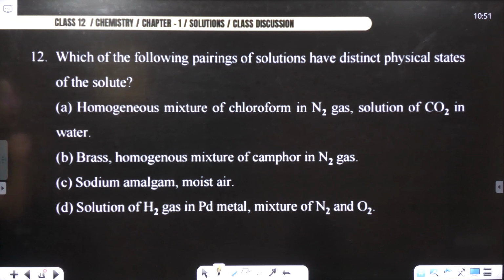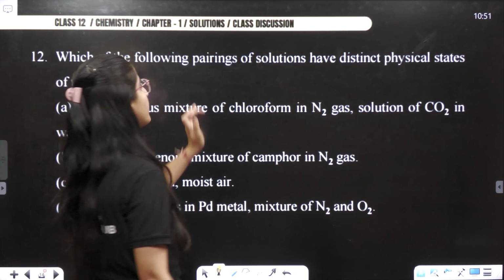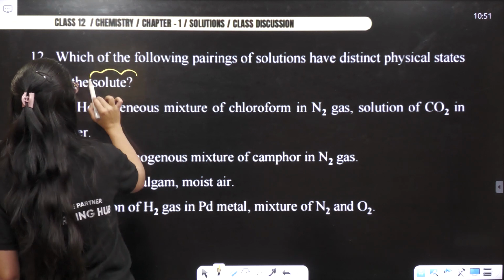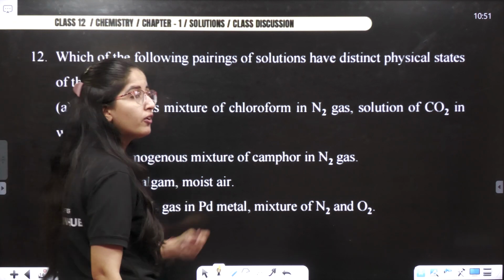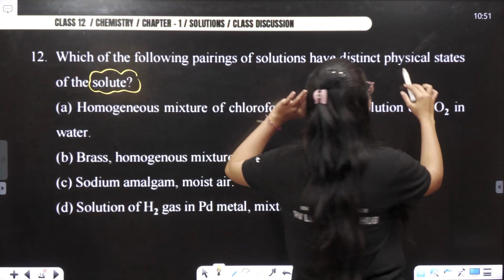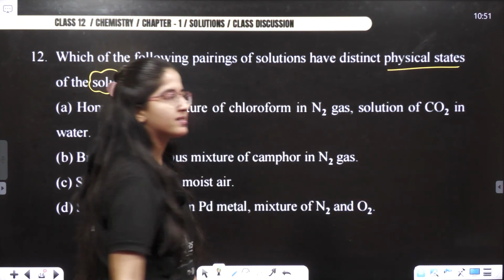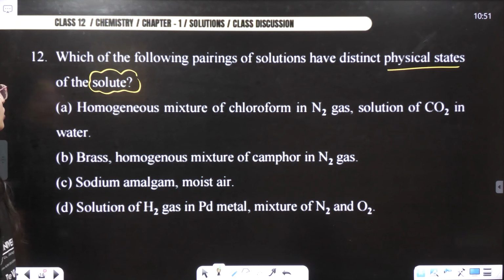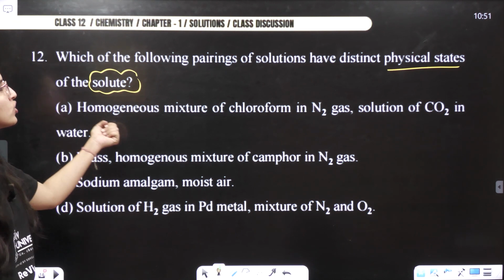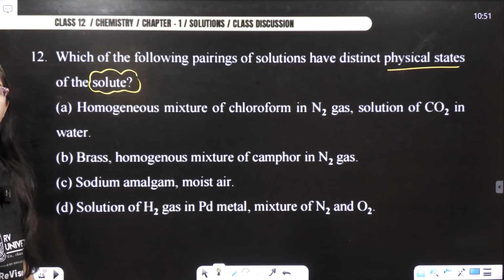Next question. Which of the following pairings of solution have distinct physical state of solute? So the solute must be different here. Which solute? So solute's physical state must be different. It must be solid, liquid or gas. That kind of difference must be there. So here we can see homogeneous mixture of chloroform in nitrogen gas.